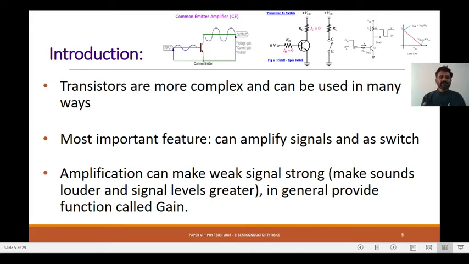And the general purpose function of a transistor is gain. What do you mean by gain? If you are giving a small amount of current into that transistor, the current will get enhanced by some phenomenon. We don't know what the phenomenon is. Something is happening inside the transistor. Because of that, the current will get increased. So by feeding a small current, you get a large current, or by applying a small voltage, the voltage will get enhanced.